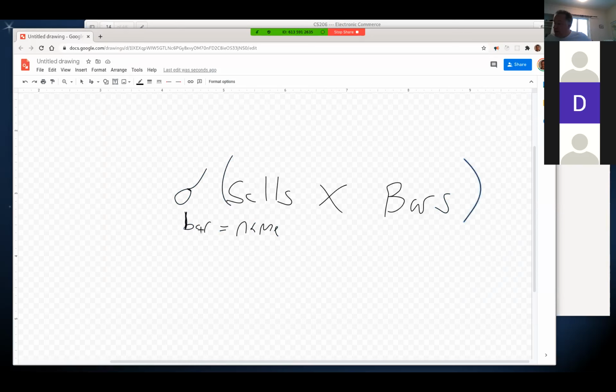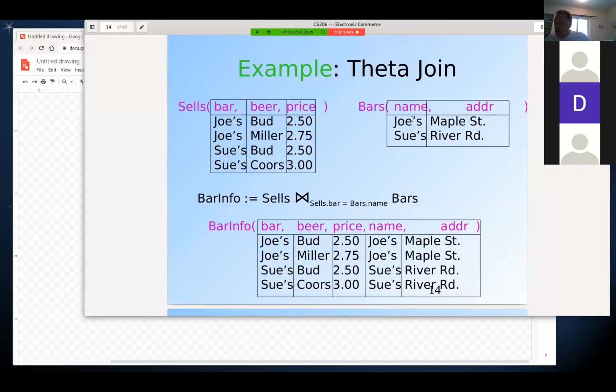So there are going to be 8 tuples, but Joe's matched with Sue's is not going to make it into the result because the bar Joe's does not equal the name Sue's. But when I join Joe's with Joe's here, it's going to make it into the result because those are equal.